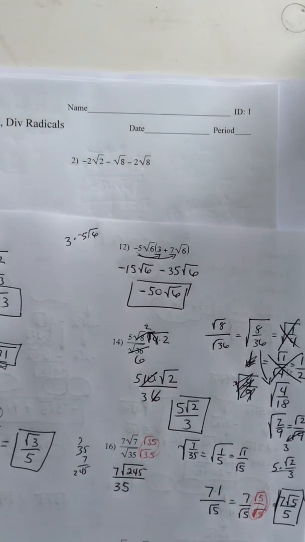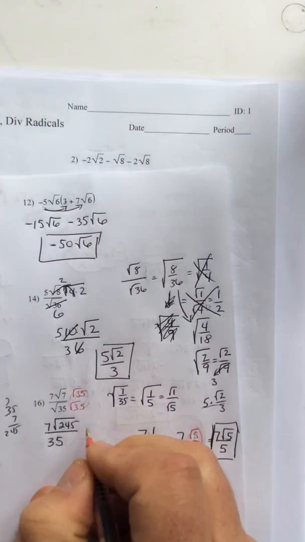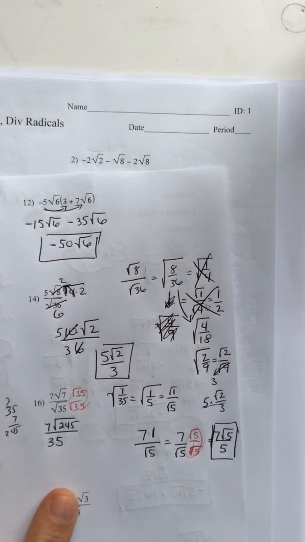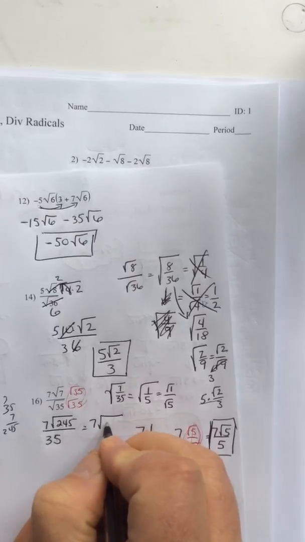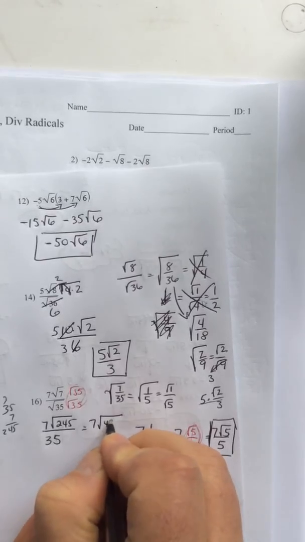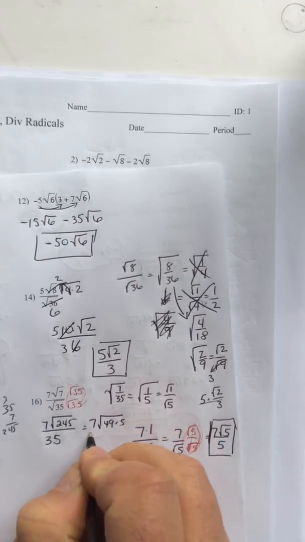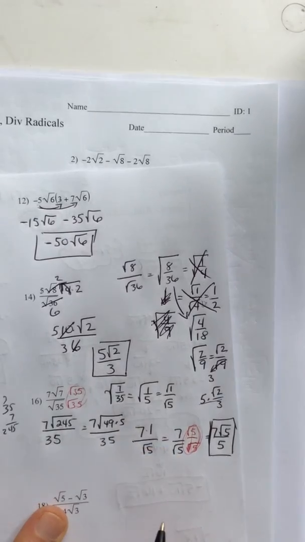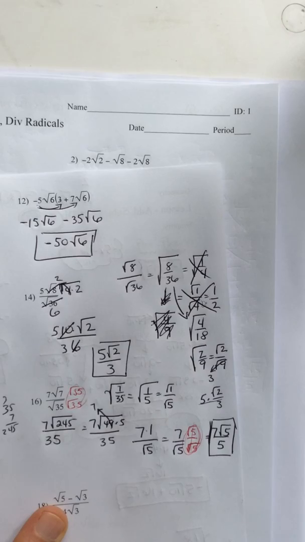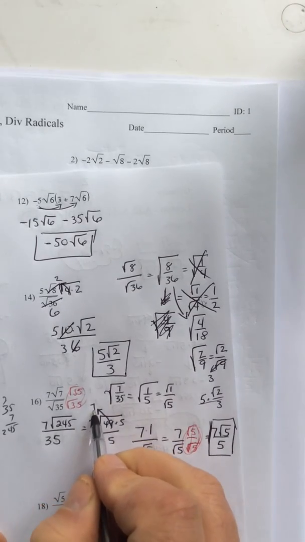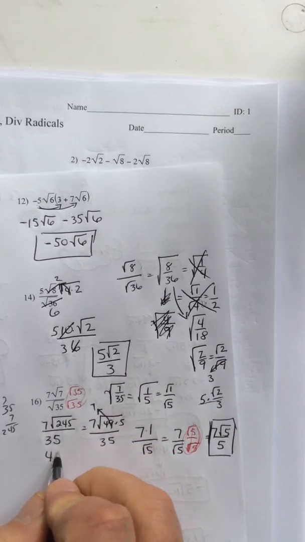So this 245 is really, what was it, 49 times 5. And that 49 breaks out of there as a 7. So now on the top we have 7 times 7, which is 49.